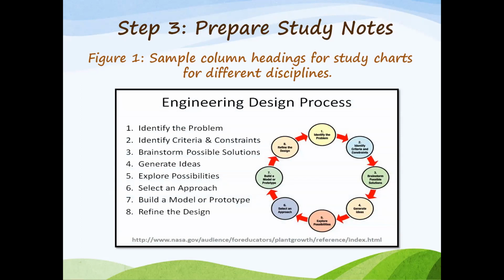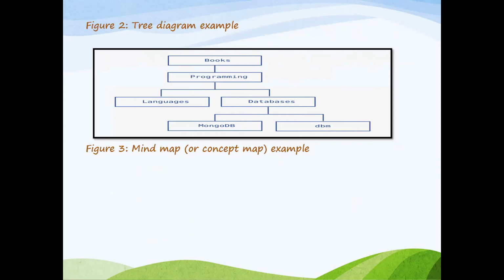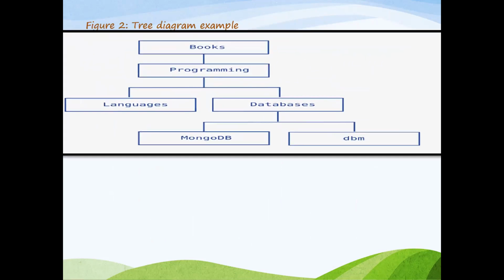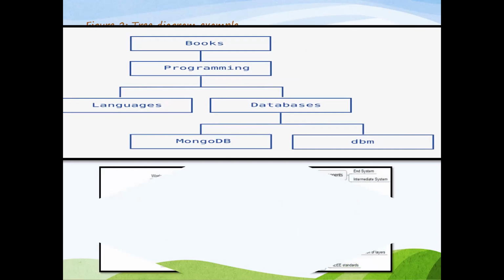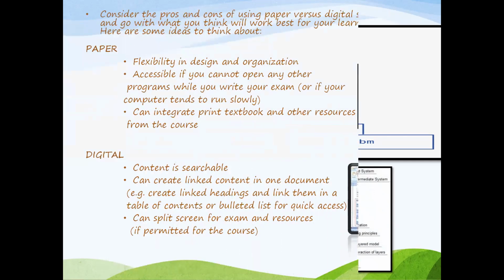So this is an example of the engineering design process. You can have it in the form of a tree diagram as an example, and you can have it in the form of a mind map for remembering all those concepts and linking one topic with another topic.